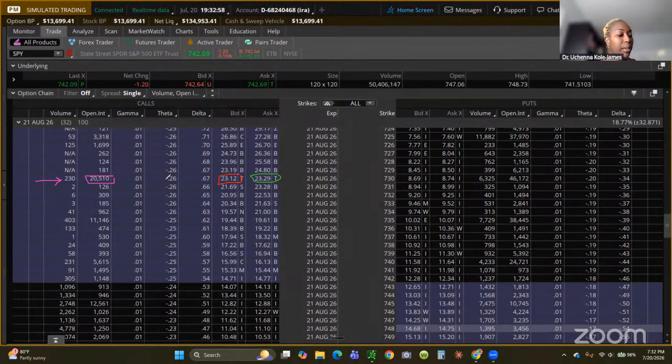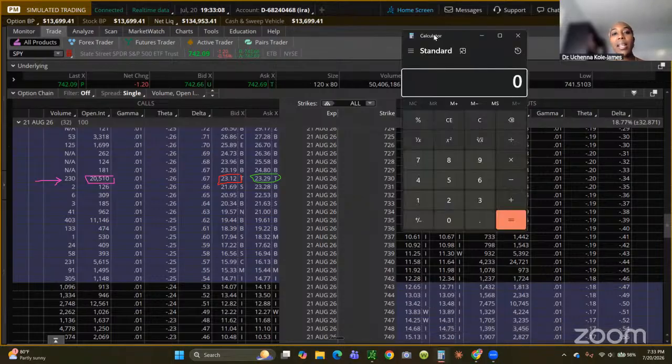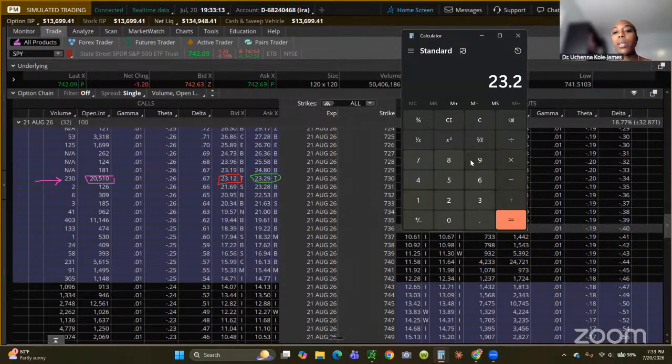Okay, so rule of thumb, I like to divide. Whenever your question is, is this bid-ask spread less than 10%, go to 23.29, the ask. Oops, I'm sorry. The bid is 23.10.